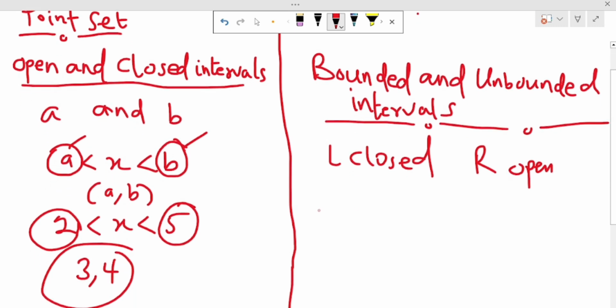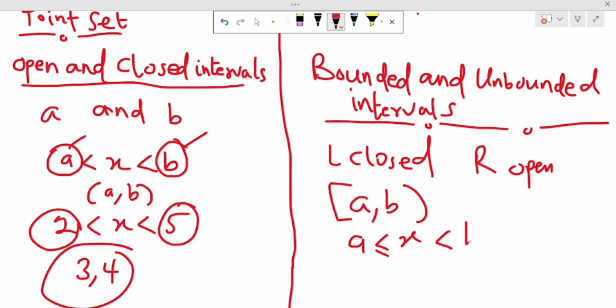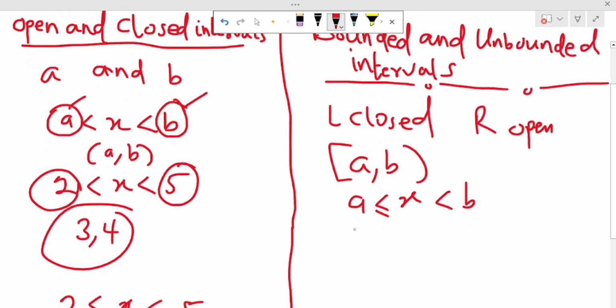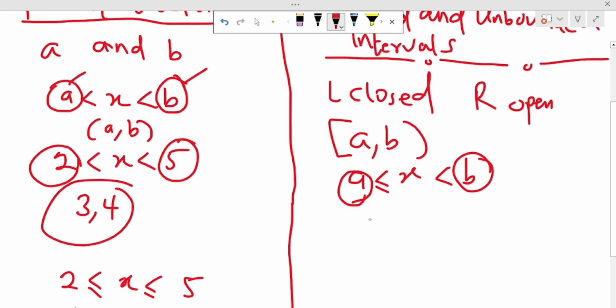Using the same A and B, left closed, right open, I can write this as A is less than or equal to X, which is less than B. With this, it means that it contains the lower bound but does not contain the upper bound. So let's take an example. The same example, 2 is less than or equal to X, which is less than 5.